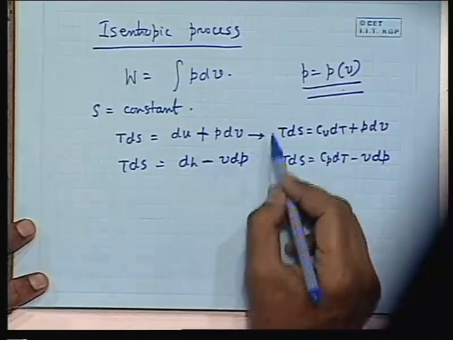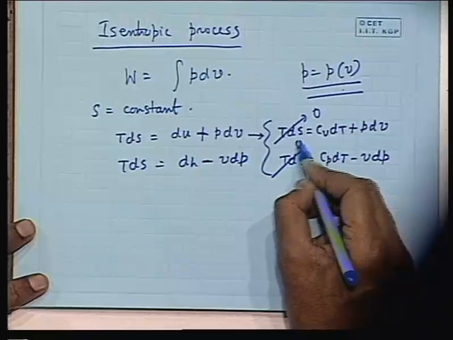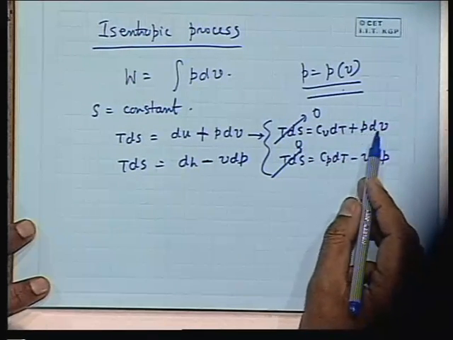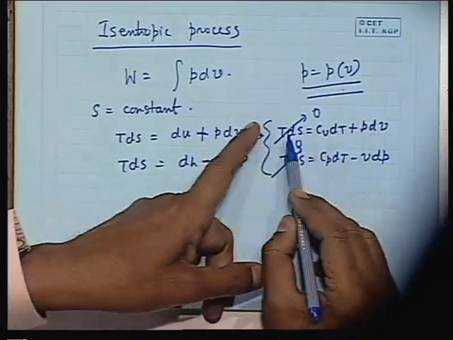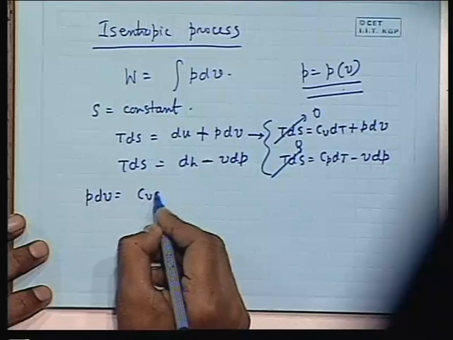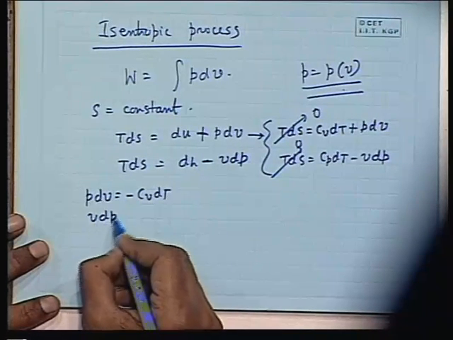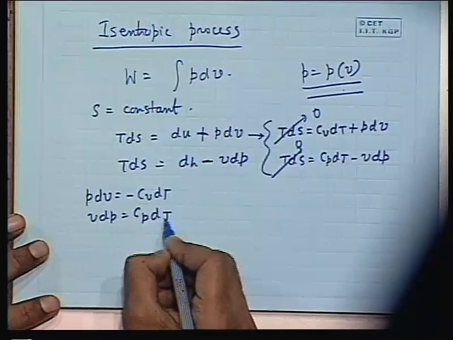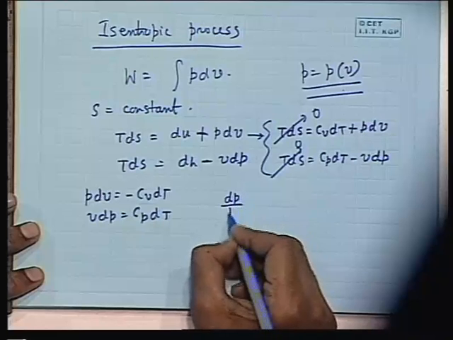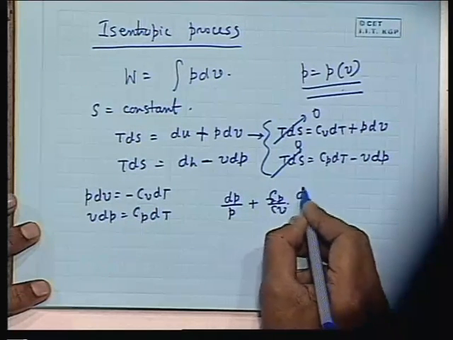Now I write these two property relations for ideal gases and consider an isentropic process, so the left hand side is 0. Then P dV is minus Cv dT and V dP is minus Cp dT, and if we divide one by the other, we get dP by P plus Cp by Cv into dV by V equals 0.